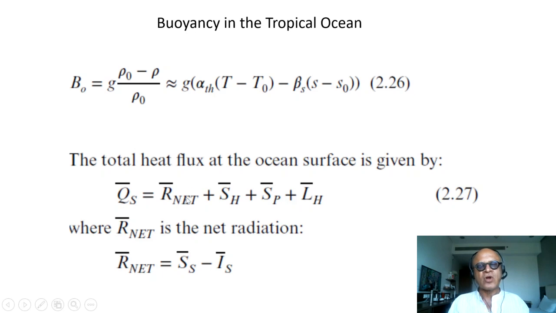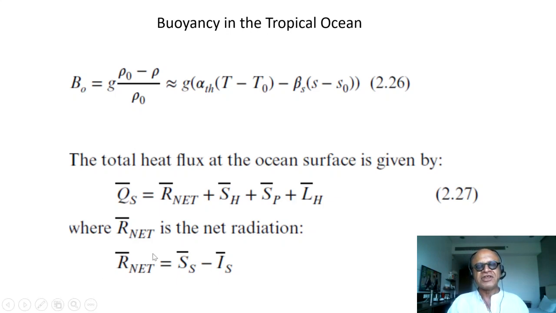There is also a part where the radiation penetrates below the surface, and that has to be taken care of in most cases, and that depends on the amount of pollutants or chlorophyll and other things that are there in the water, organic matter, etc., which can trap the radiation. So we may get into those details later on.